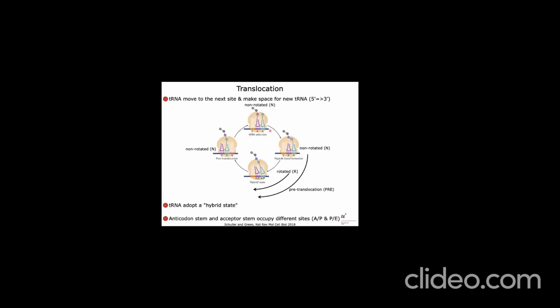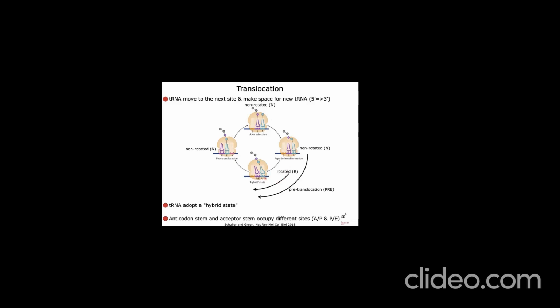So you have the ribosome in a non-rotated state, where here the A site tRNA is in the A site, the P site tRNA is in the P site. Once a transfer has happened, now the nascent peptide chain is attached to the A site tRNA, and in order for the A site tRNA to move into the P site, the small subunit rotates. And what happens in this situation is that the tRNA goes into a so-called hybrid state.